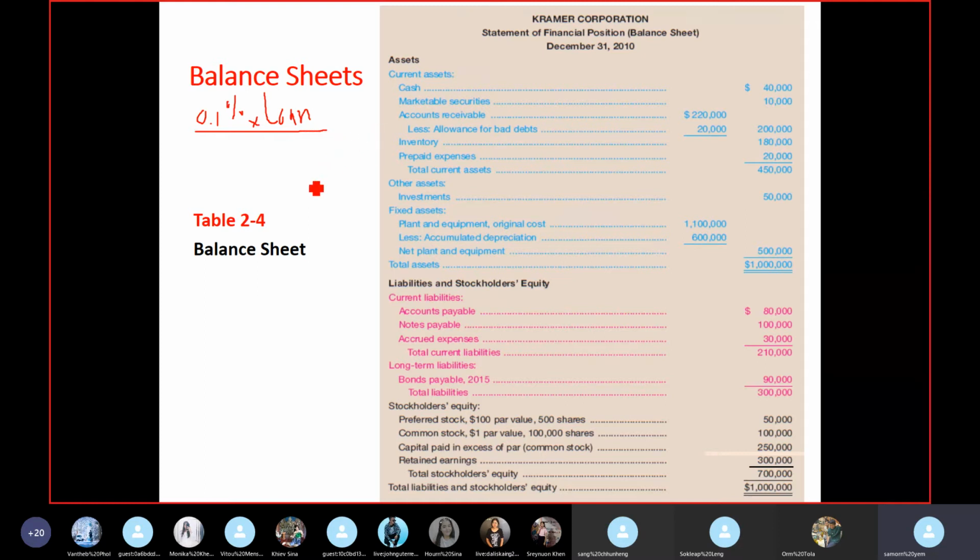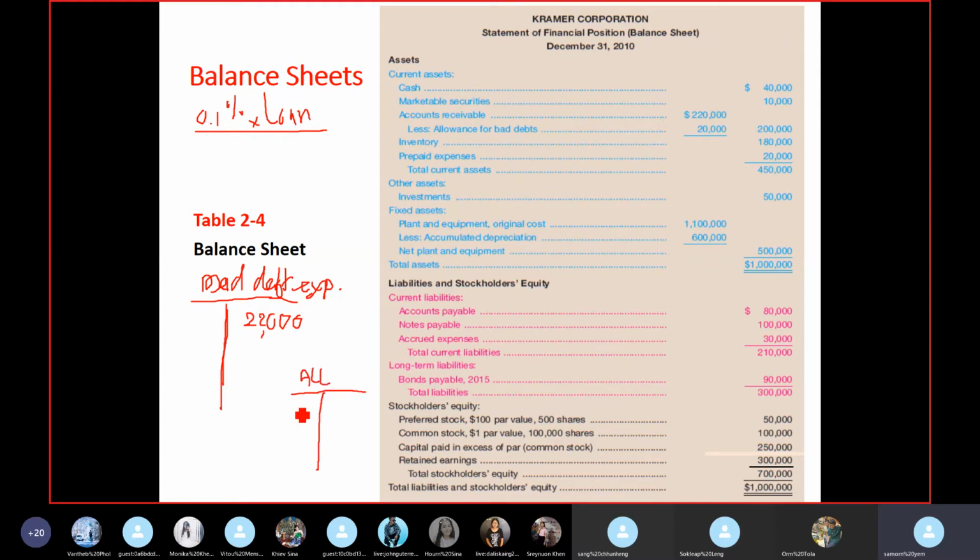For example, if they estimate that 0.1% of loan sales or receivables will not be paid back, say 22,000, they will record one part as bad debt expense, for example 22,000, and the other as the provision for bad debt, or allowance for bad debt.